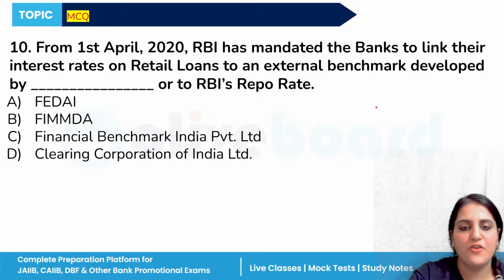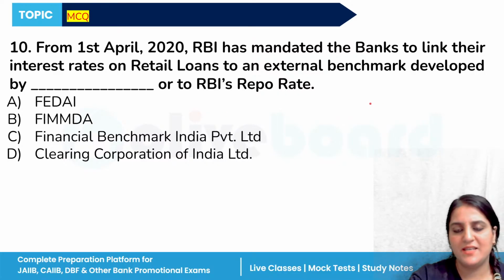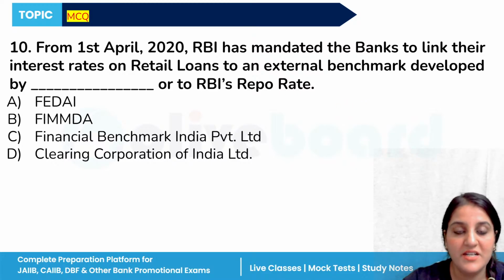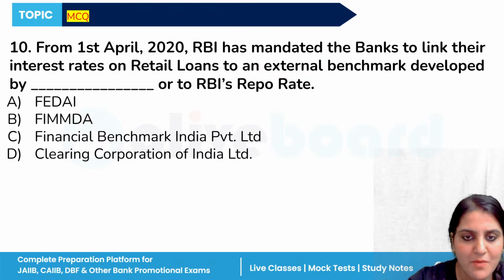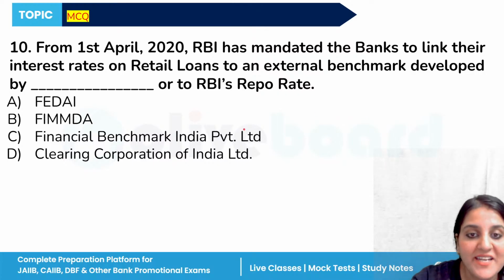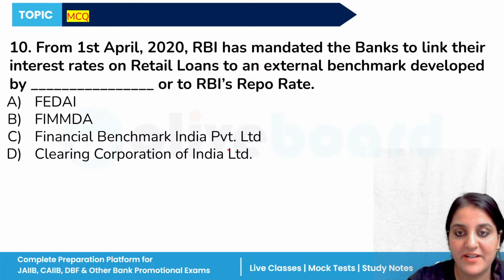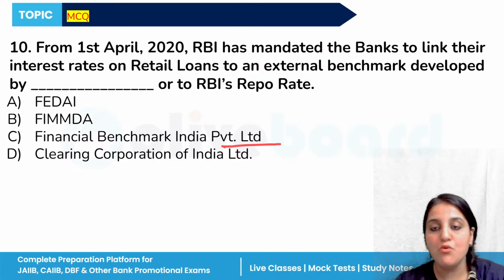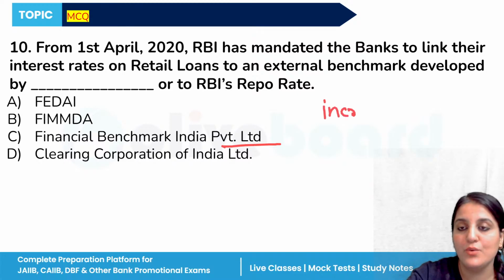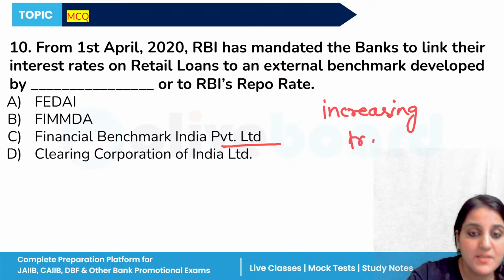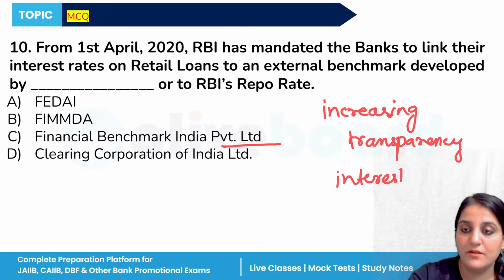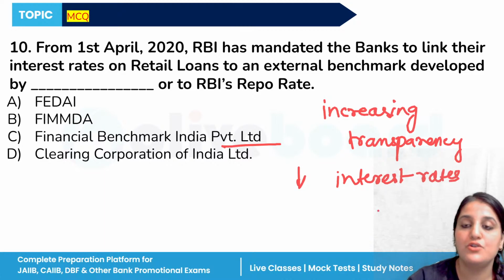From 1st of April 2020, the Reserve Bank of India mandated banks to link their interest rate on retail loans either to an external benchmark developed by the Financial Benchmarks India Private Limited, or to the RBI's repo rate. This move was aimed at increasing transparency and also reducing the interest rates charged to borrowers.